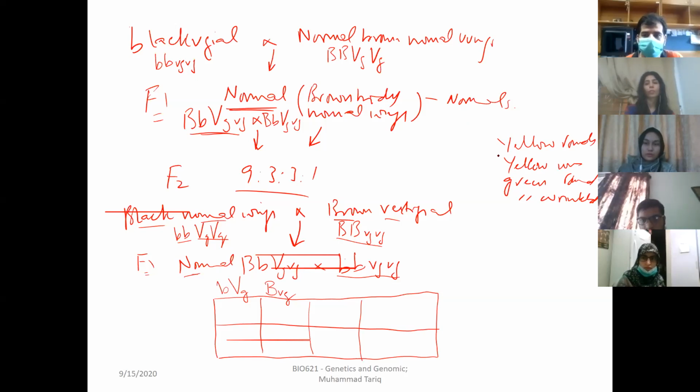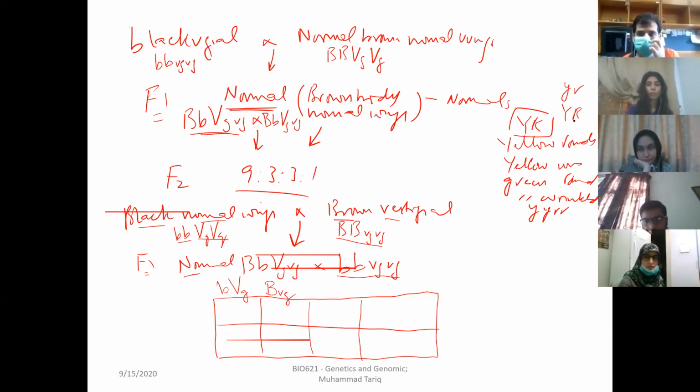So in the Mendelian case, if yellow round was parental 1 and green wrinkled was parental 2, the parentals are capital Y, capital R, or small y, small r. It can be capital Y, small r as well if you had yellow wrinkled as parent. But these are non-parentals, which means capital Y, small r, and small y, capital R.